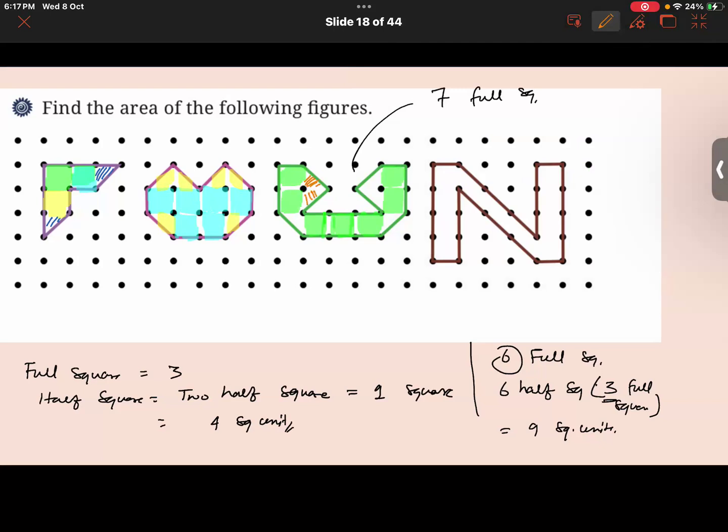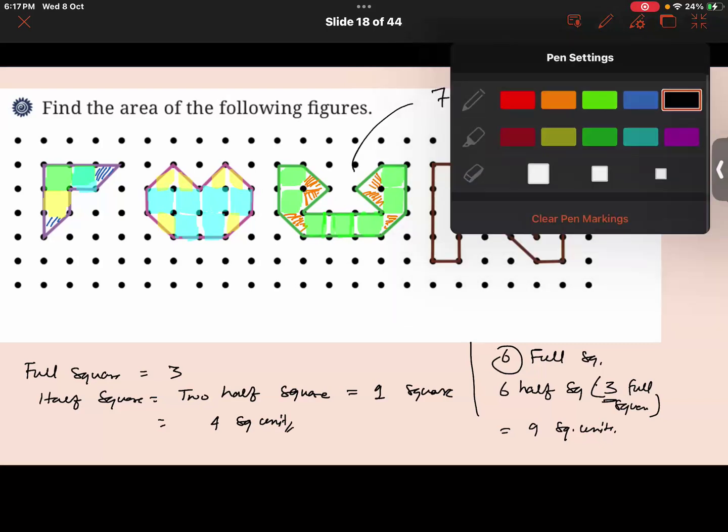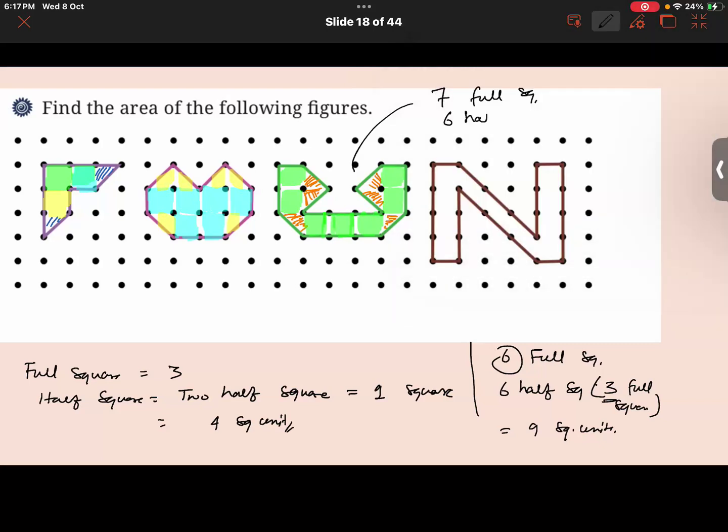One, two, three, four, five, and 6. So 6 half squares means 3 full squares. 6 half squares is the same as 3 full squares. So you should be getting your answer as 7 plus 3, 10. So it is 10 square units actually.